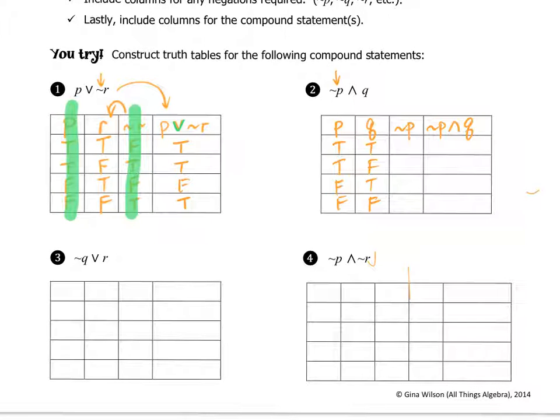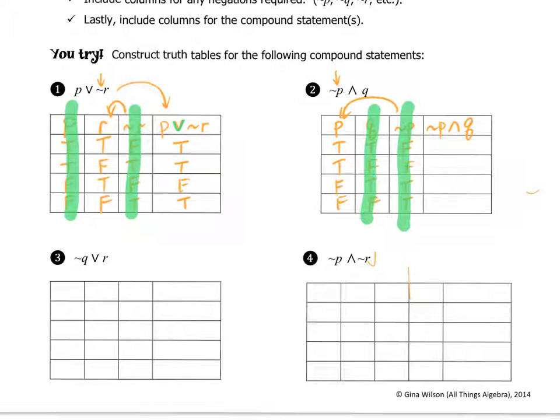That's just to make life easier for us. Now we negate the P statement, so not P becomes false, false, true, true. And then finally, we are evaluating not P and Q.